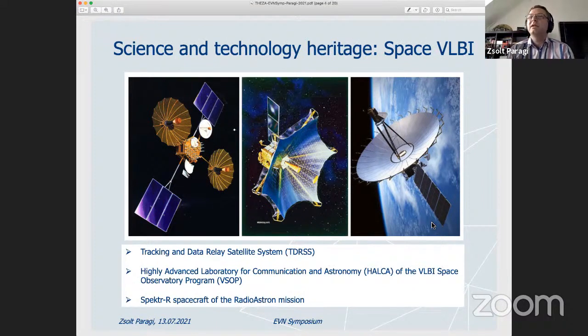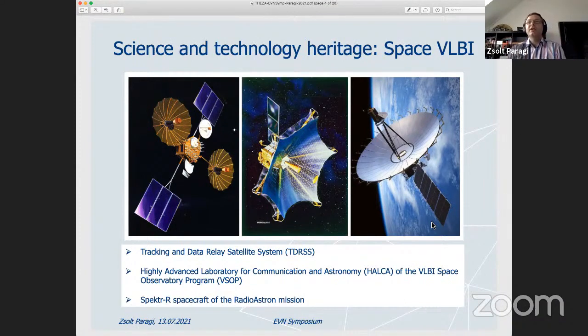They were both very successful, demonstrating how science can be done with baselines exceeding the Earth's diameter a number of times. RadioAstron went up to 22 gigahertz, producing lovely fringes in that regime.